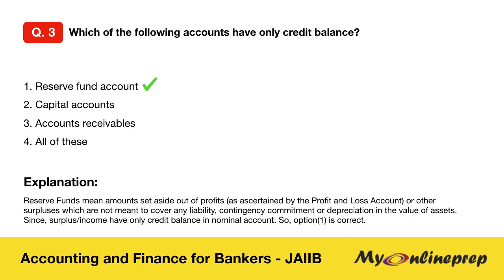And the explanation is, reserve funds means amount set aside out of profit or other surplus which are not meant to cover any liabilities, contingency, commitment, or depreciation in the value of assets. Since the surplus or income have only credit balance in nominal account, so the option 1 is correct one, reserve fund account.